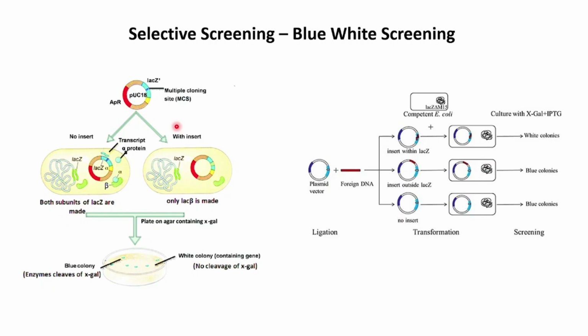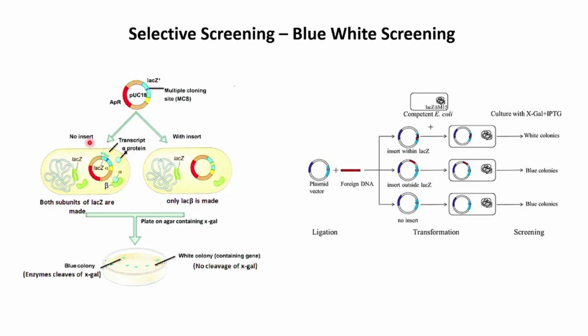Here we have to worry about the specific sequence and the orientation in which the restriction enzyme works, because we need the gene to be inserted in a particular orientation. So we'll cut one side of the gene with one restriction enzyme and the other side with another restriction enzyme, and we'll simultaneously use the same restriction enzymes on the plasmid as well, and then we'll incorporate the gene into the plasmid.